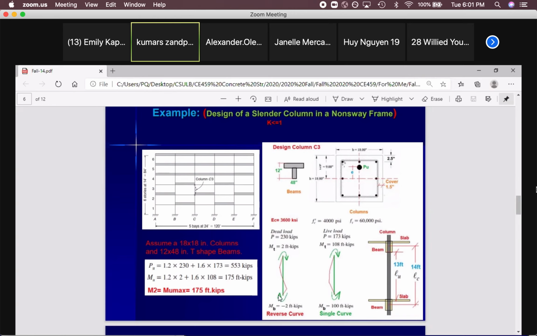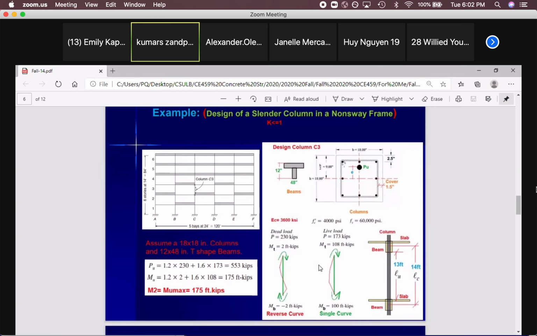Look at this. I show that to you just to understand this better. Just practice. If we have these two moments, you will get double curvature. With these two moments, you will get single curvature. So that's easy. How can I find the factored loads? These are not actually factored loads. It's not PU, MU.